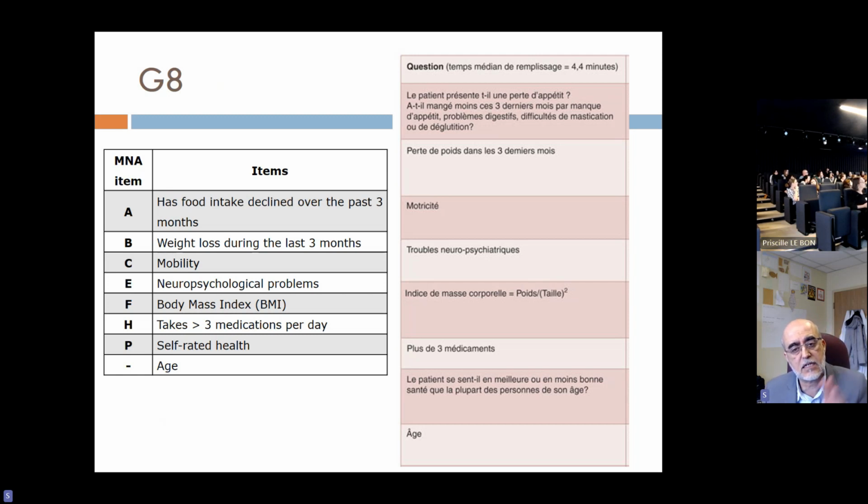And each of these gets a certain number of points. As I said, it can be done in 4 or 5 minutes. It is easy to do. There are now 2 versions of the G8 that people can do on their own, but they have not been extensively validated.